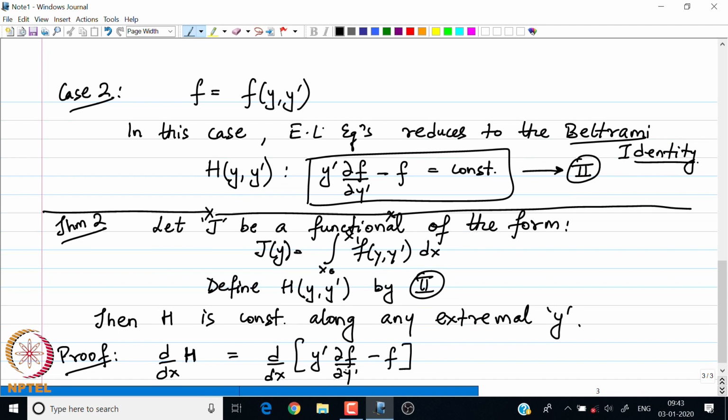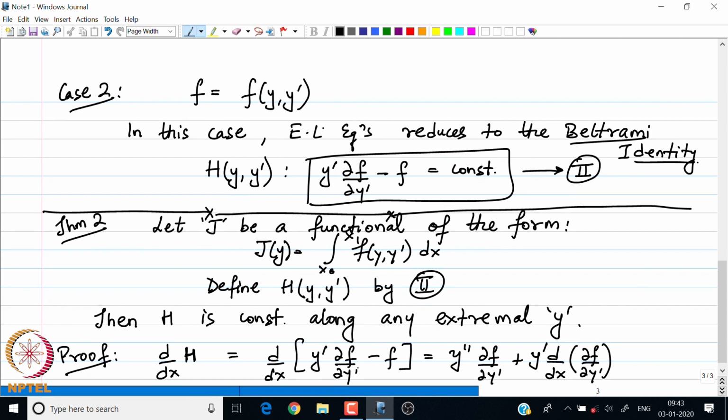So, then the next step is taking the necessary derivatives and using the product rule. We see that this is also equal to y double prime, so taking the derivative of y prime with respect to x, times partial f partial y prime, plus y prime d/dx of partial f partial y prime.